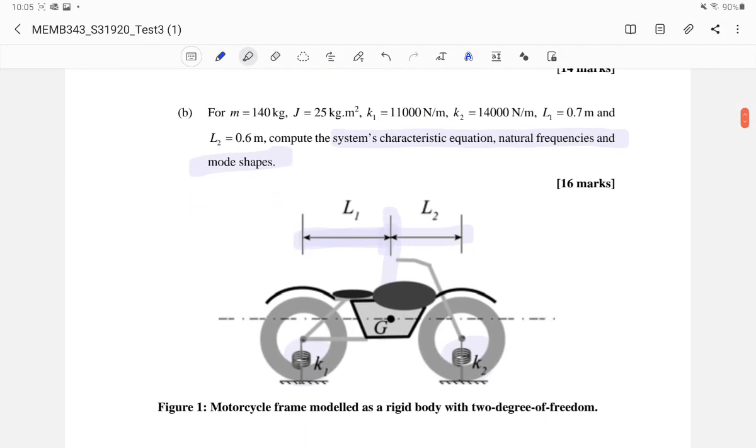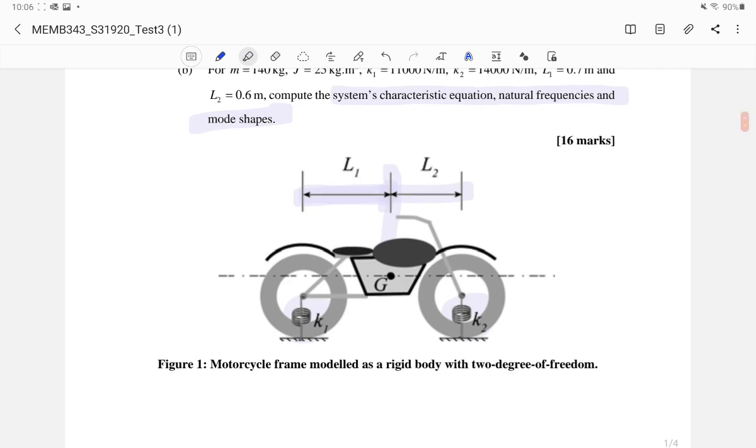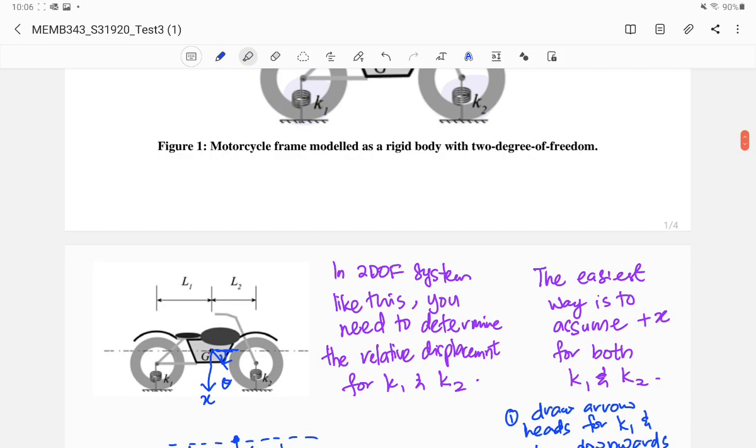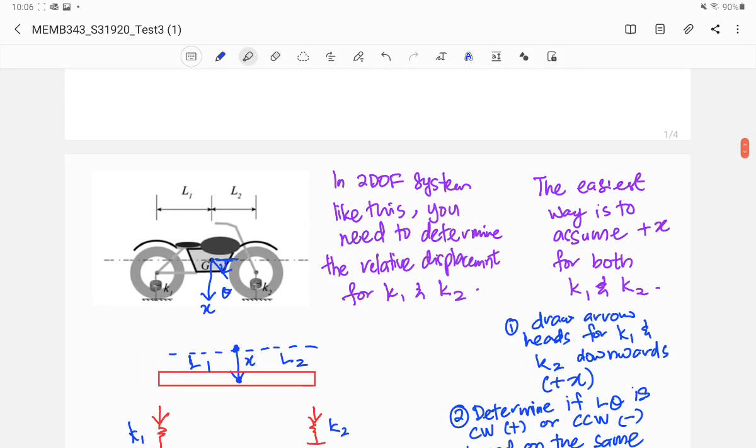All 2 degree of freedom questions are very similar to this, it's just whether you are asked to use Lagrange or Newton's second law. And this one is the rotational bar problem. So let us go ahead and solve it.